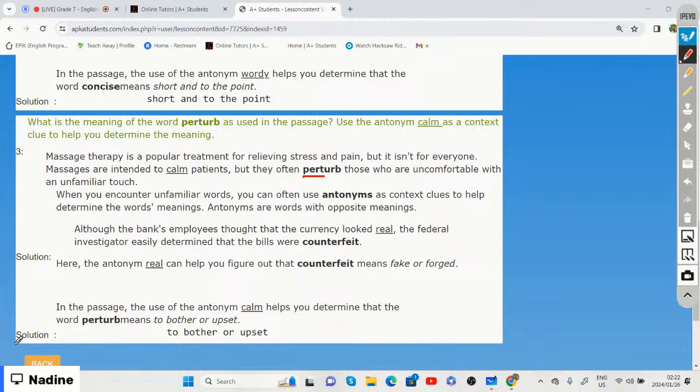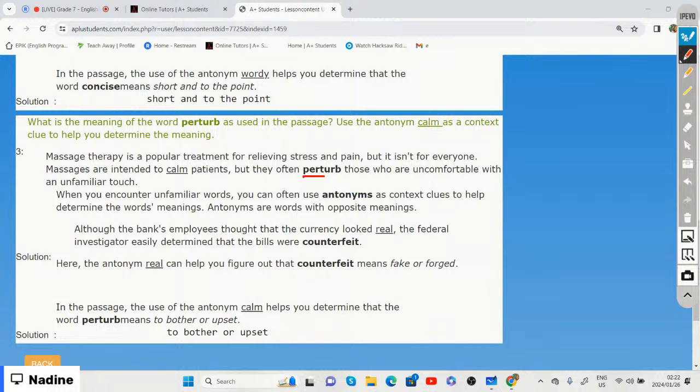Then massages are intended to calm their patients, right? Yes. So we see that massages are intended to calm the patients.